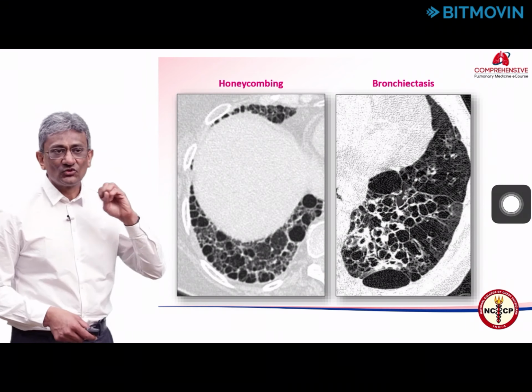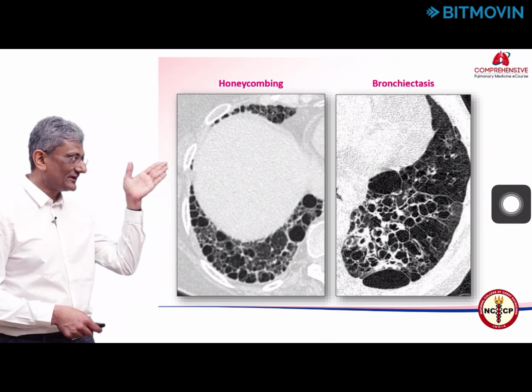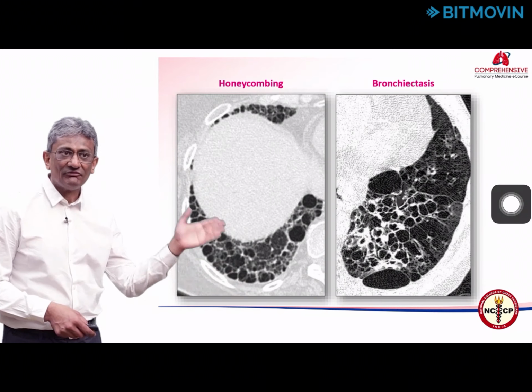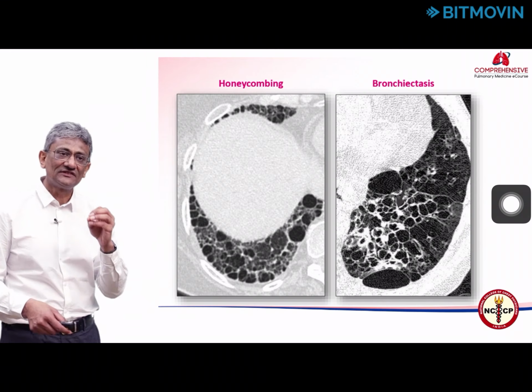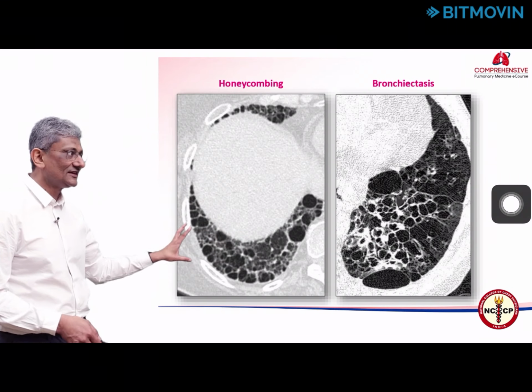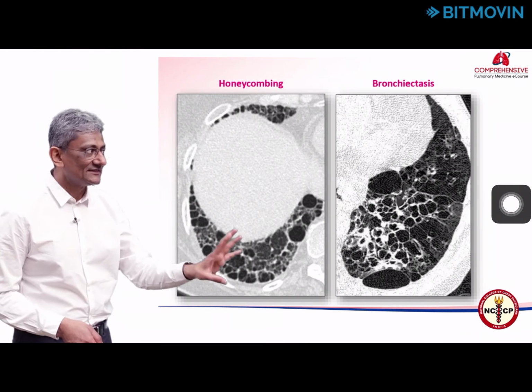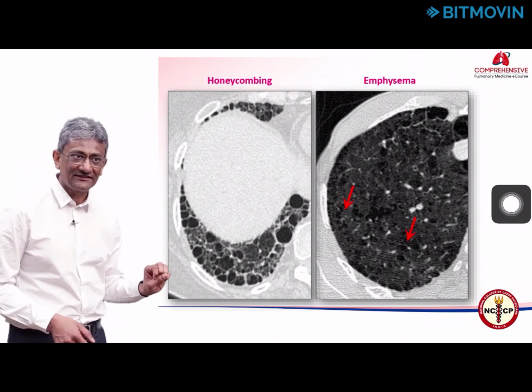Now, if this is so important, we need to be able to differentiate honeycombing from other conditions that present with cystic lesions in the lungs, and you will see them on the right hand side. So, on the left is honeycombing, on the right in this case are branching cystic areas that we get with bronchiectasis.